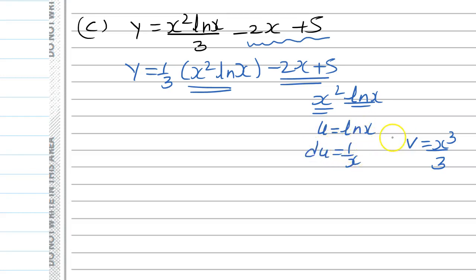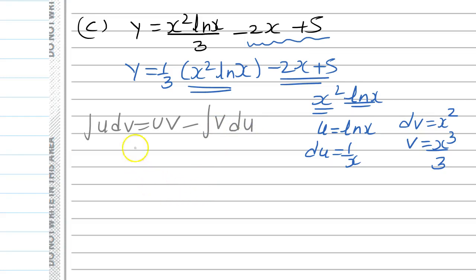Differentiation of ln x is 1 over x, and dv is x square, yeah. So the integration by parts formula: integration u dv is equal to uv minus integration v du.